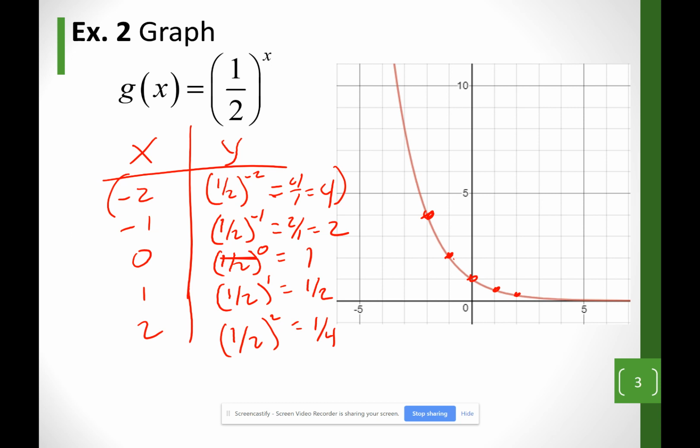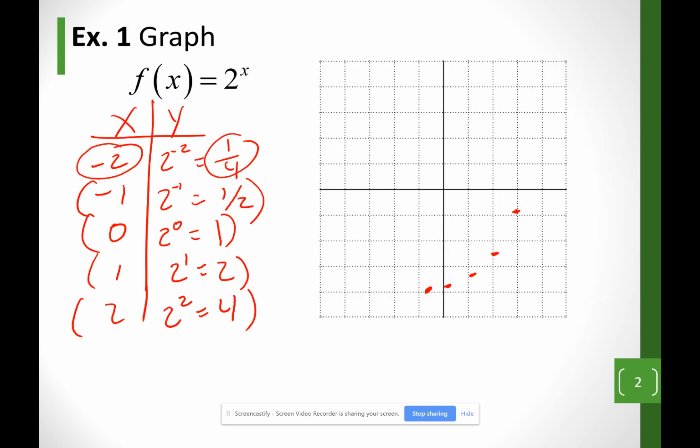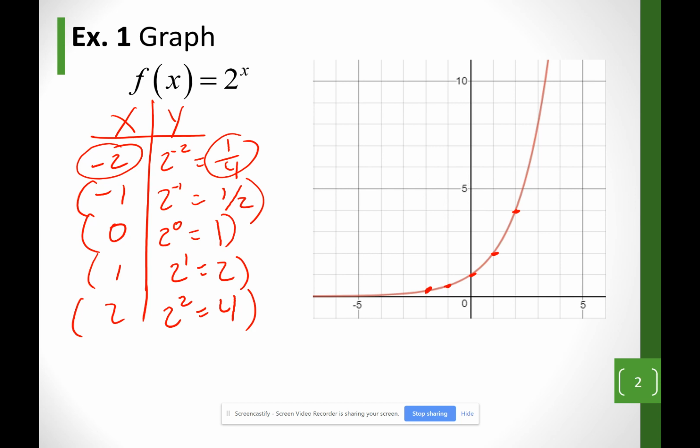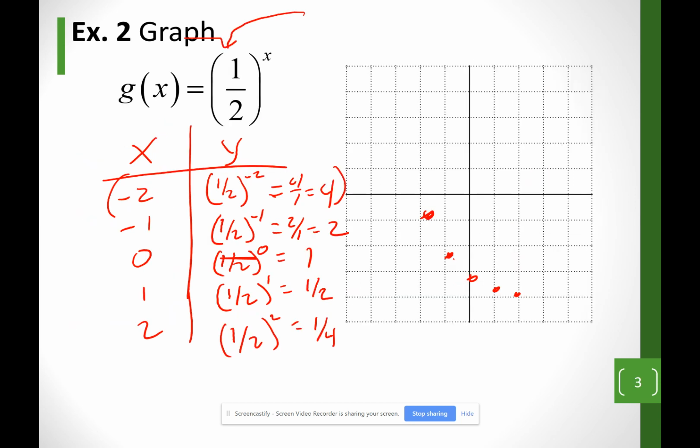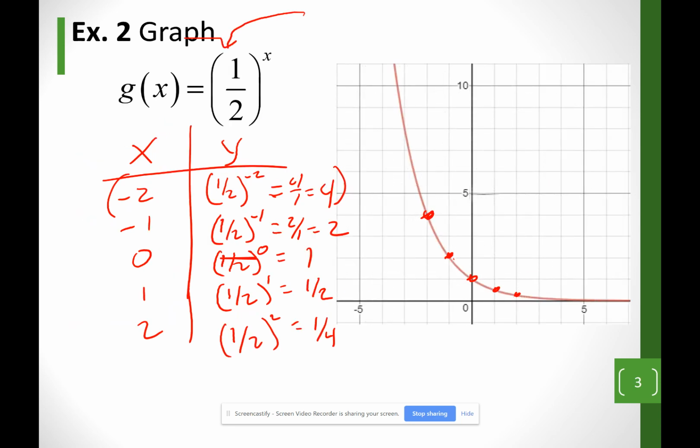One thing though, the base, this is going to be important. On exponents, when the base is a positive value more than 1, we're going to get our function growing up. We see an example there. If the base is a positive value less than 1, we're going to see the graph is going down.